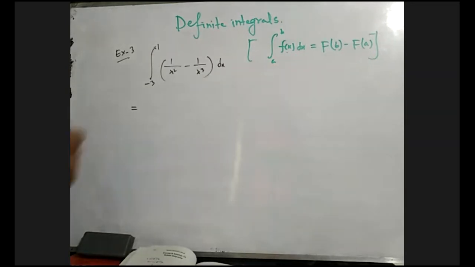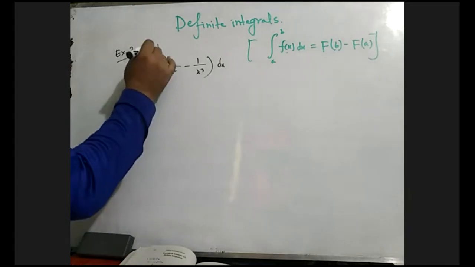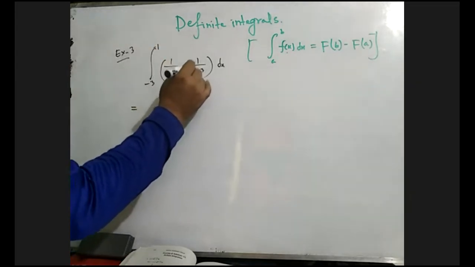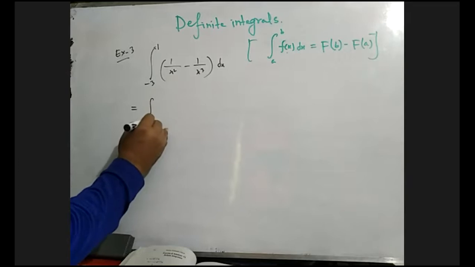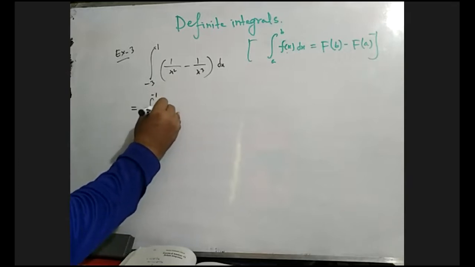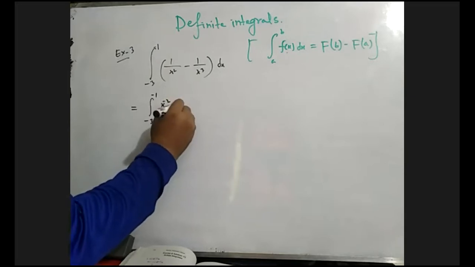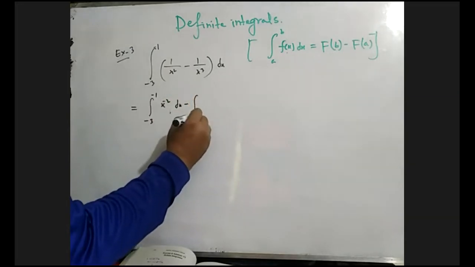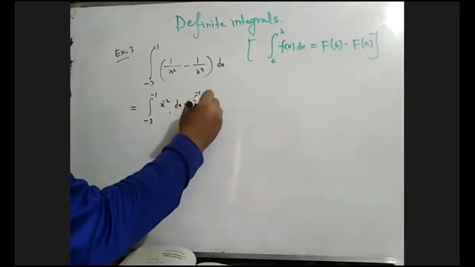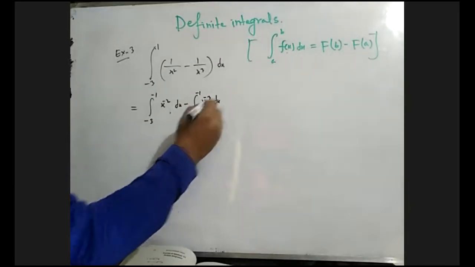Now another example, example 3: from minus 3 to minus 1, 1 by x square minus 1 by x cube. We can write this integral like this: x to the power minus 2 dx minus integral from minus 3 to minus 1 of x to the power minus 3.